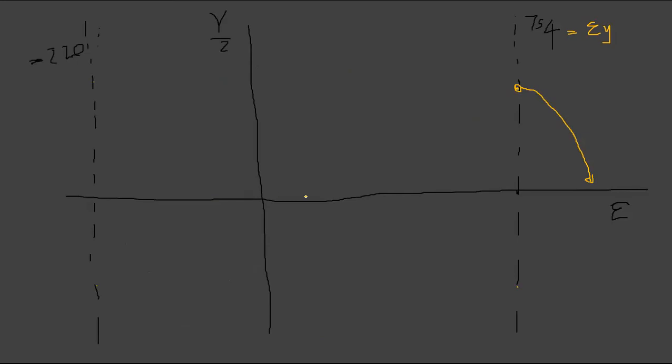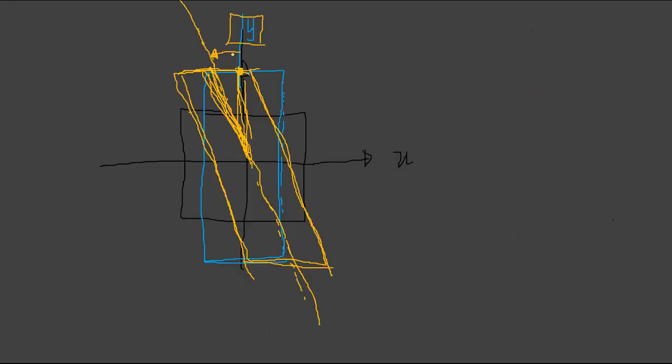Principal strain always lies on this axis, so you go clockwise. But if you are here, you have to go anti-clockwise, to meet the direction where you have principal strain.